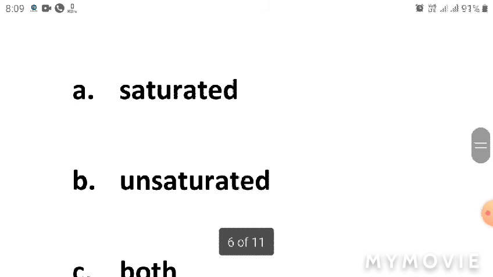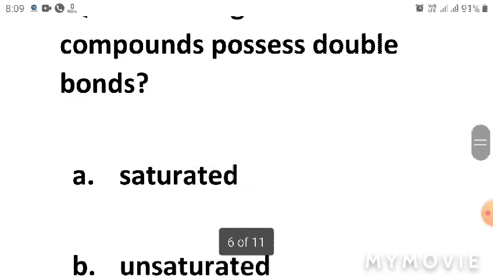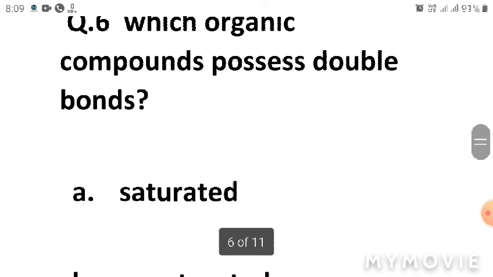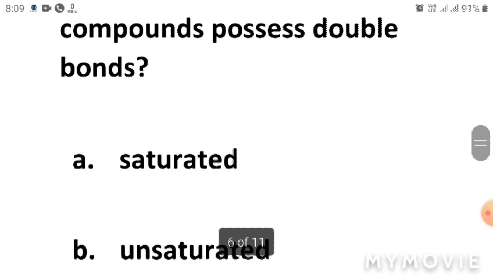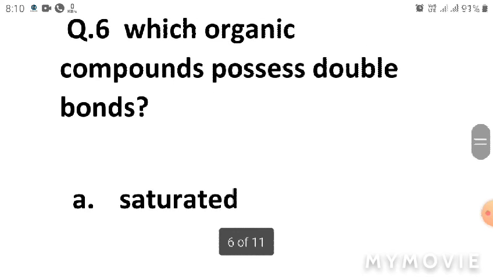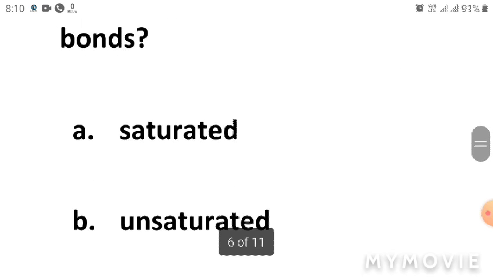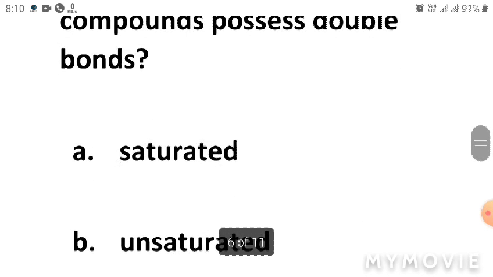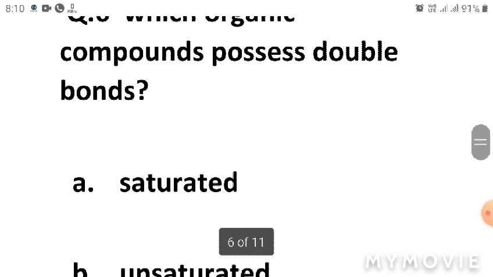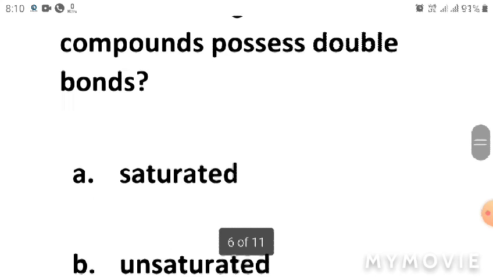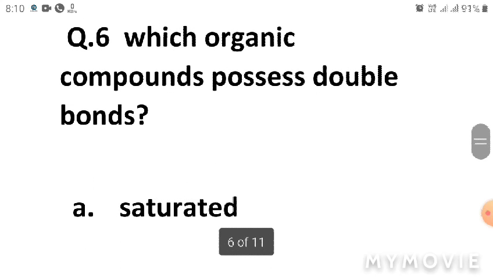We know that in saturated compounds a single bond is found, like in alkane, and unsaturated compounds are of two kinds, alkene and alkyne.